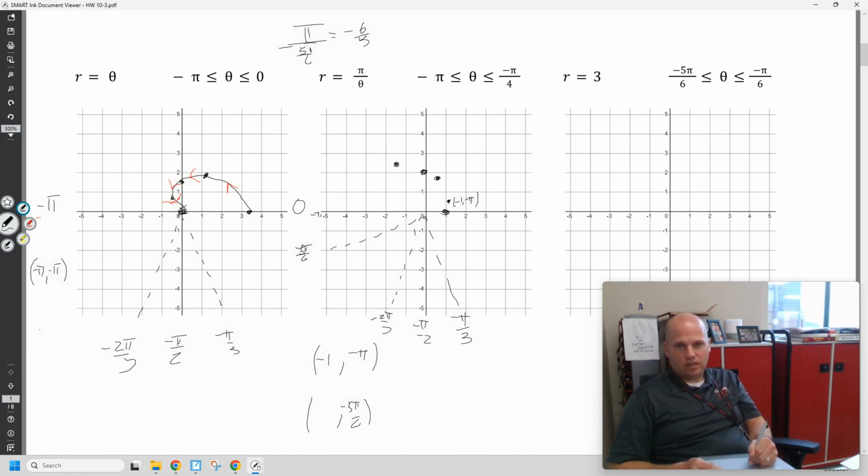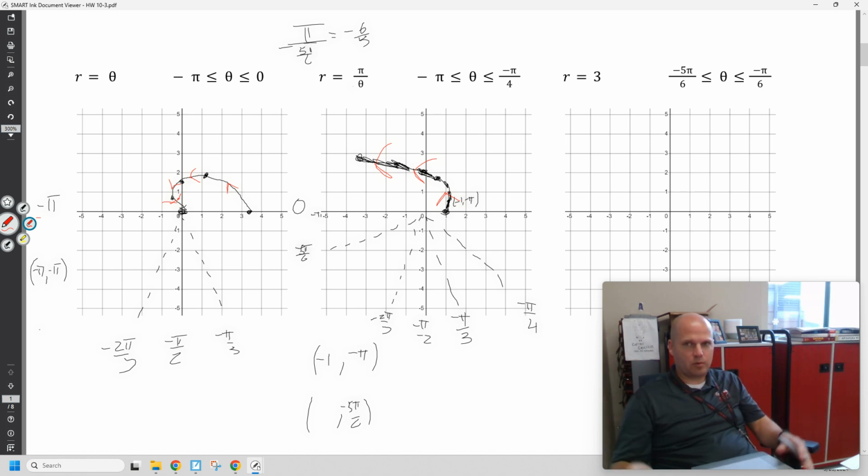If your angle is negative pi over 4, your radius is negative 4. We can kind of see this outward spiral. It's not really an outward spiral. This graph will spiral inwards, but the way we're creating it here with these negative angles that we're plugging in, which create negative radiuses, it kind of goes opposite of what we expect.